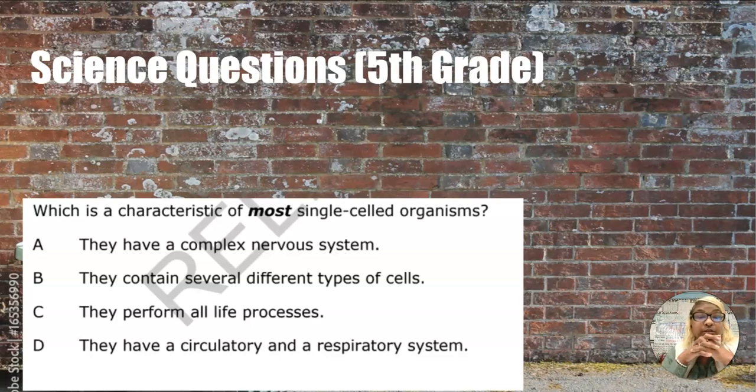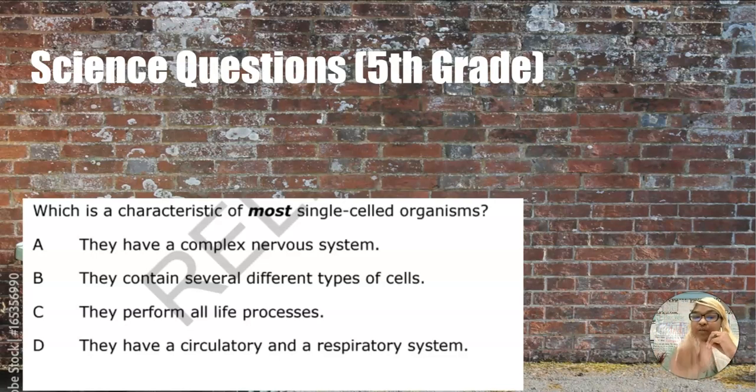What I tell them to do for their white paper strategy with science is to make sure that those vocabulary words that you see in your text, you're writing down notes about those vocabulary words. If I'm thinking of a single-celled organism, I know that this is a cell that still has to perform all life functions, but it does it on its own. It doesn't have any specialized cells. It is just one cell.